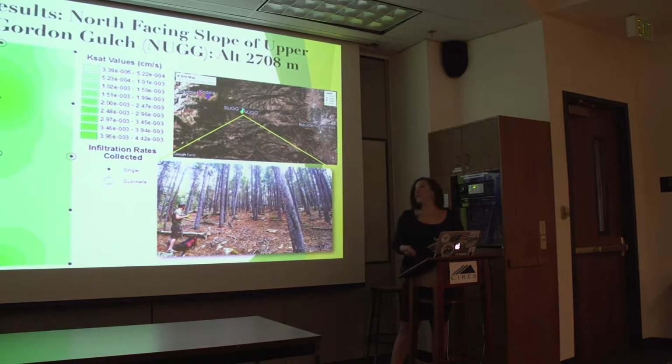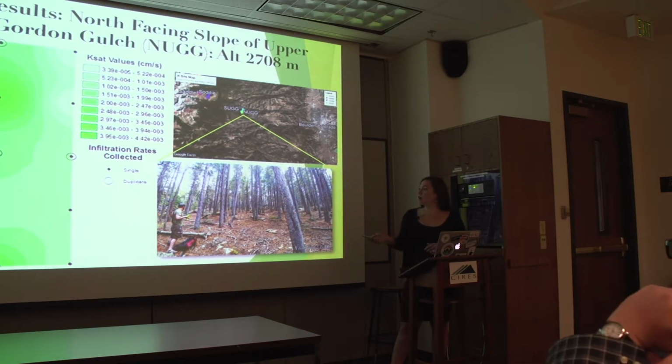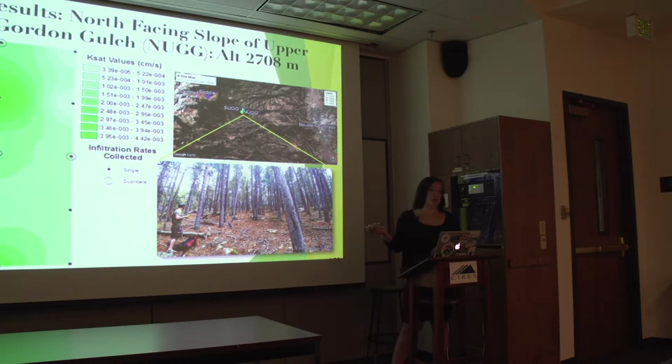In the next few slides, I'm going to talk about the spatial variation, and each plot was 10 by 20 meters. These circled ones are duplicate infiltration rates, which on these maps, which I made in ArcMap, show the mean of those hydraulic conductivity values.